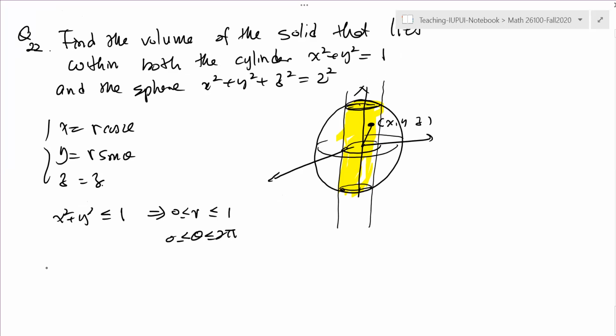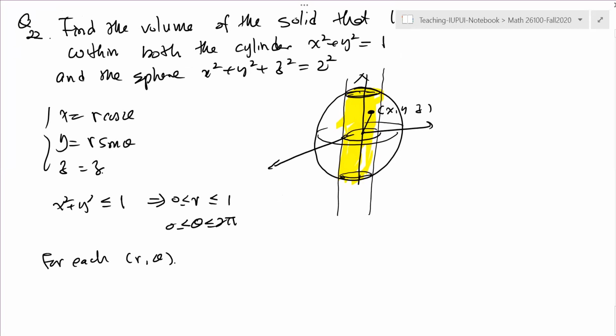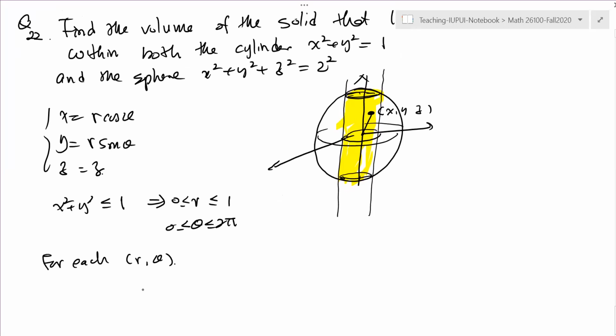Now for each r and theta, or x and y, what is the lower bound for z and what is the upper bound for z? You draw the vertical line. You find out z is determined by the sphere.